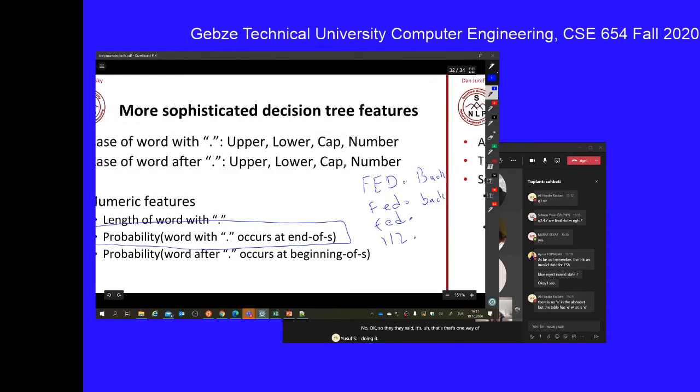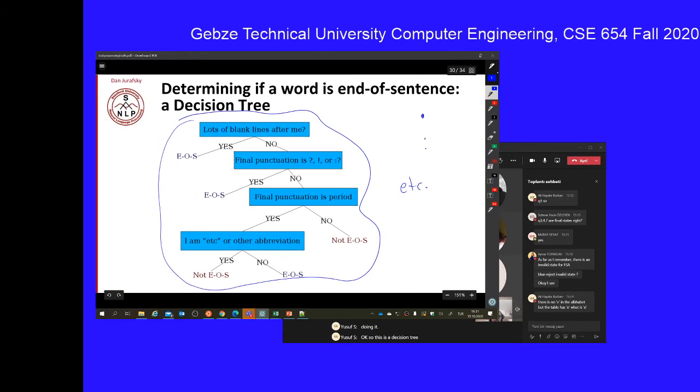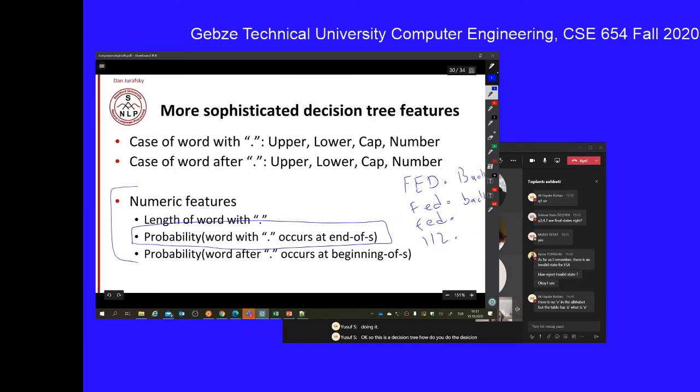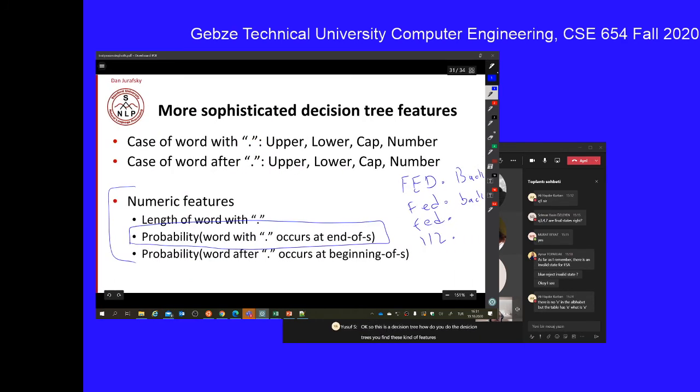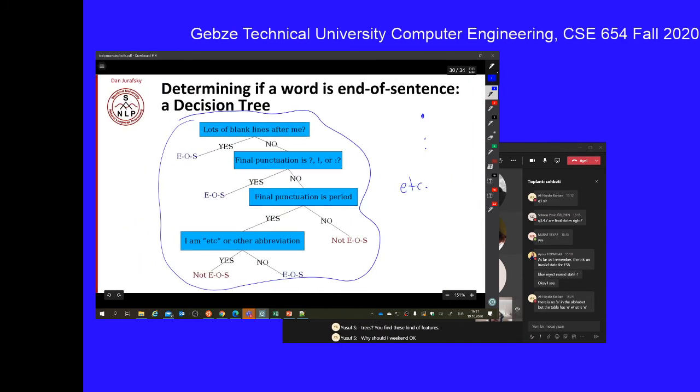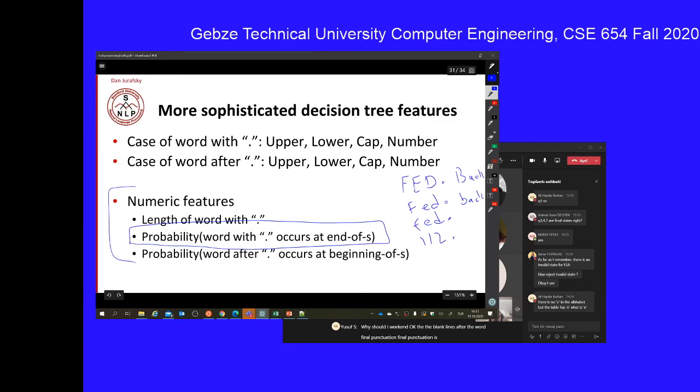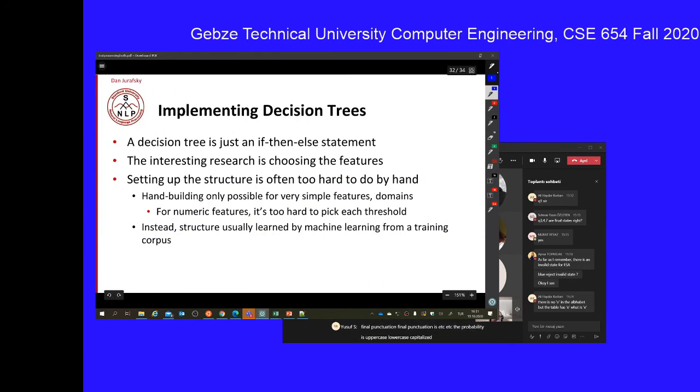Okay. So this is a decision tree. How do you do the decision trees? You find these kind of features. What should I look at? The blank lines after the word, final punctuation is etc., the probabilities, uppercase, lowercase, capitalized, numbers, etc. You find all those kind of features.